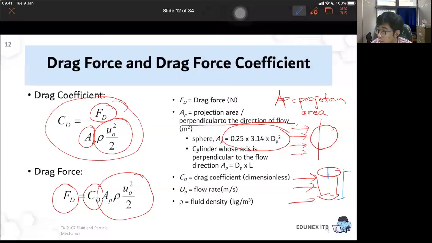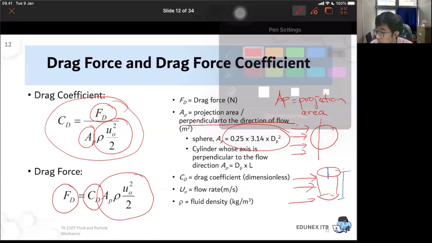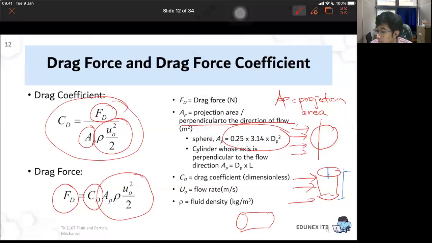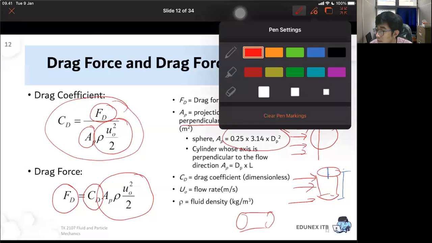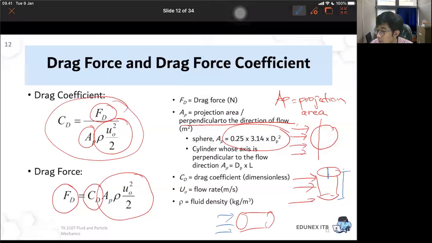But if the flow is along the axis, the projection area will be the circle of the cylinder's cross section. So please be careful when using this formula. You need to make sure what the projection area of the particle or solid is.